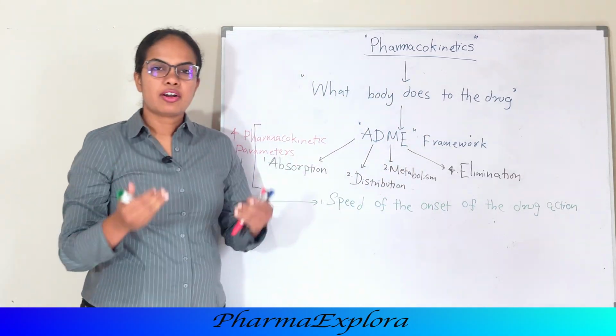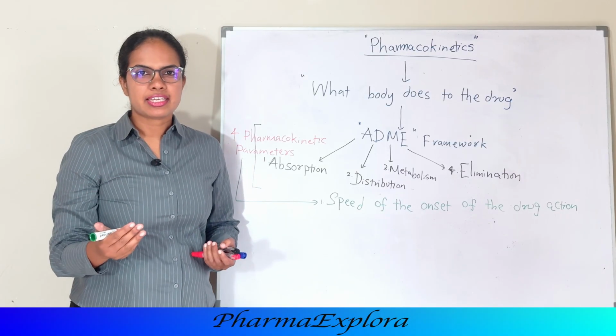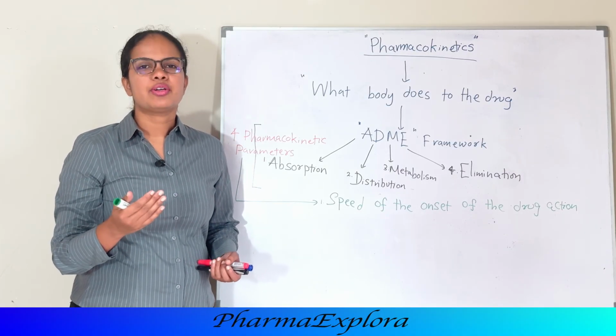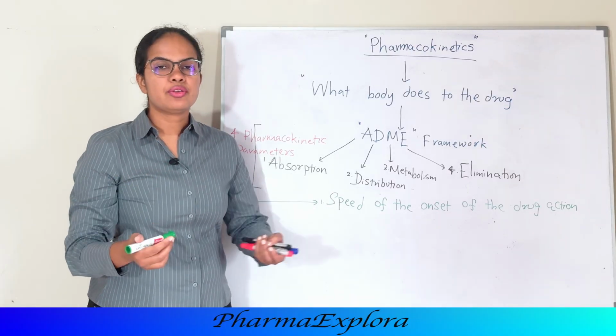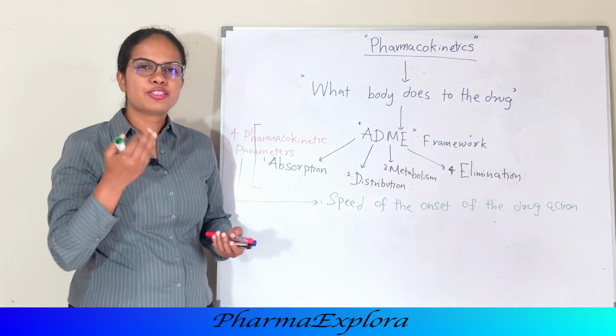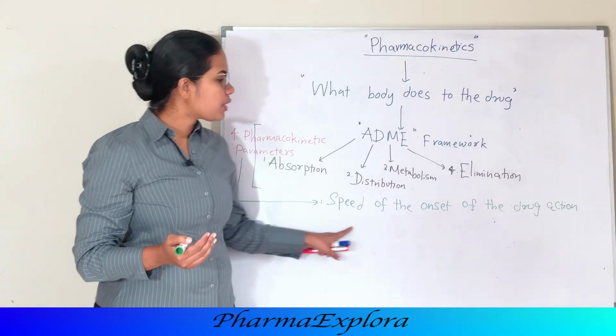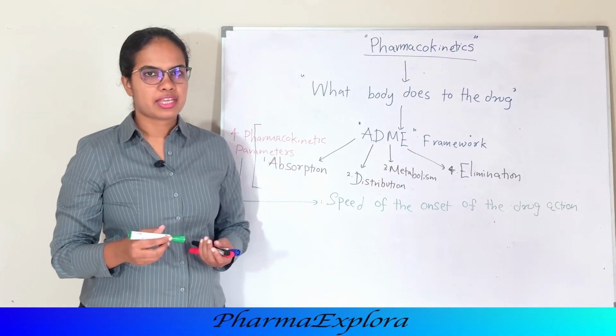So speed of the onset of the drug action is how fast your drug is starting to work. How fast or how quickly your drug starts to work is the speed of the onset of the drug action.